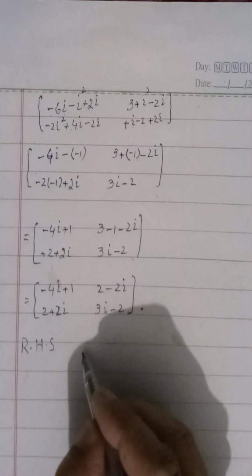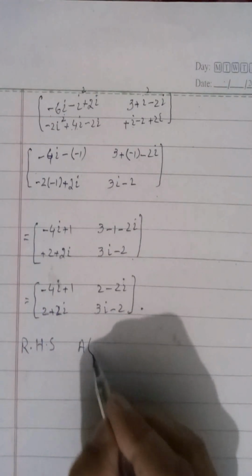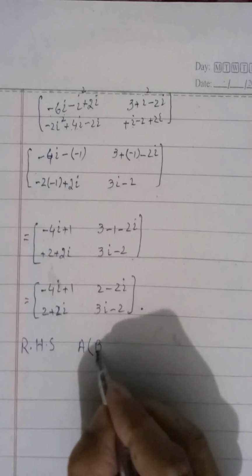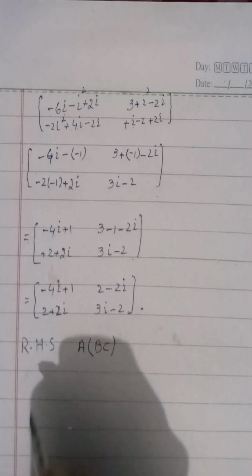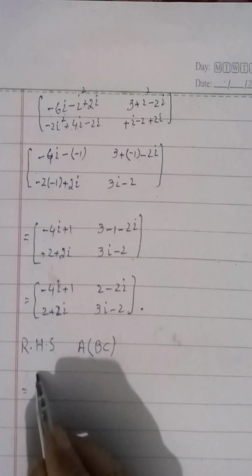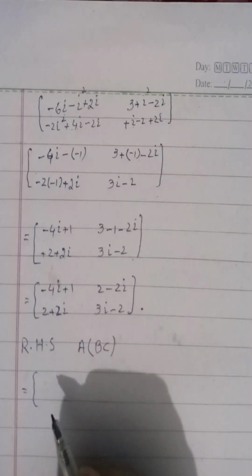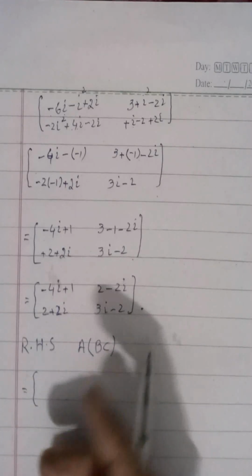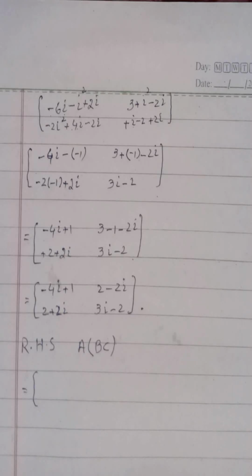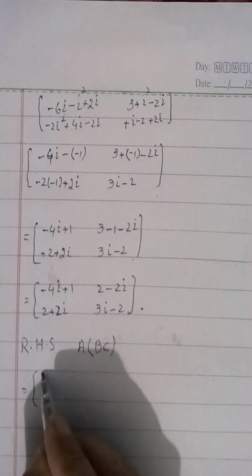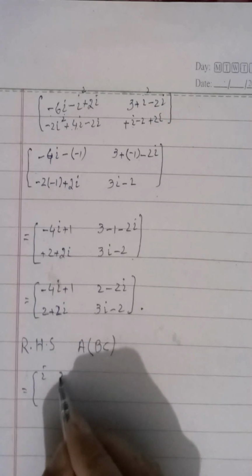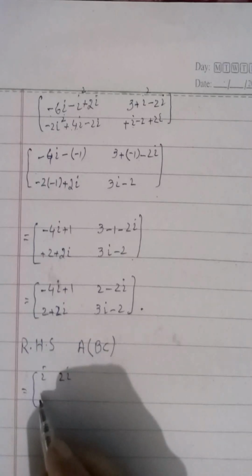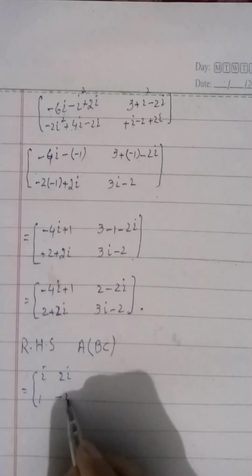where A and B and C, two matrices, are in brackets. We write them. The A is iota, 2 iota and 1, minus iota.